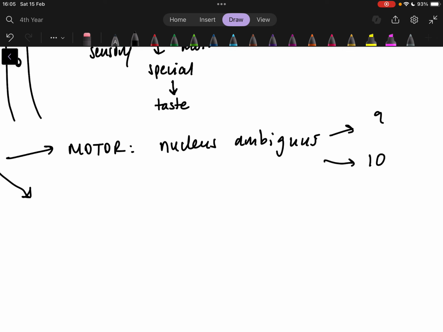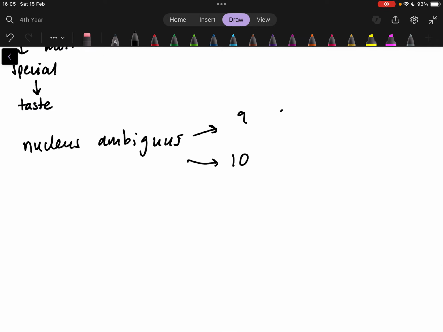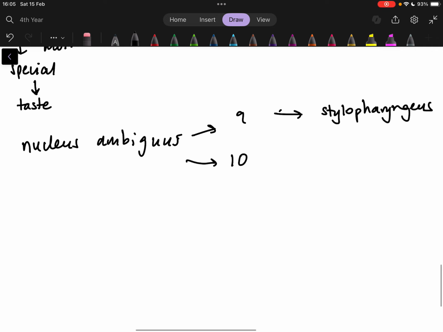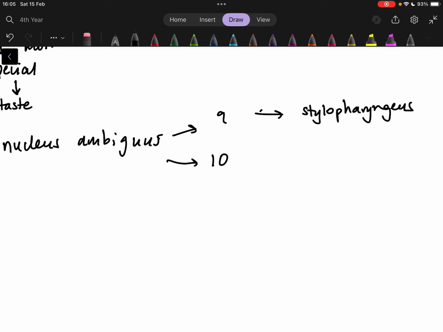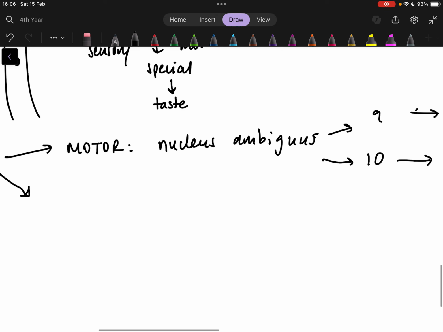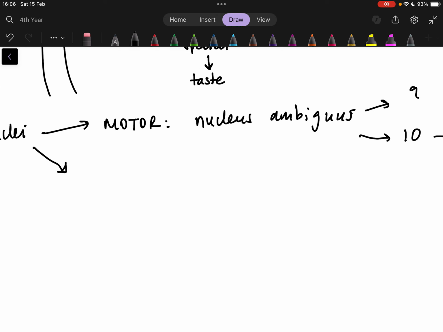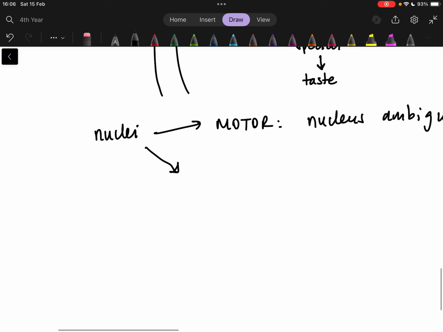All right, the glossopharyngeal nerve, because it's a motor nerve, is going to innervate one particular muscle, and that is the stylopharyngeus. So that's where the pharyngeal part of the glossopharyngeal name comes from. We then have the vagus nerve, which innervates different sorts of muscles, and we'll talk about that later when we talk about the 10th cranial nerve. So obviously this is going to provide motor function for the throat and allow us to swallow and whatnot, and a bit of speech as well.